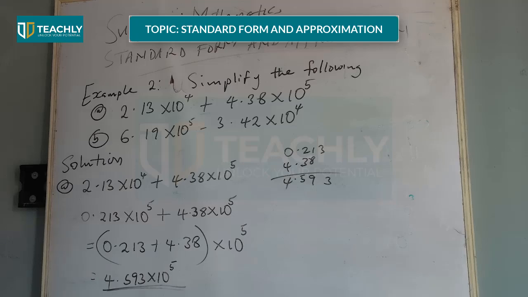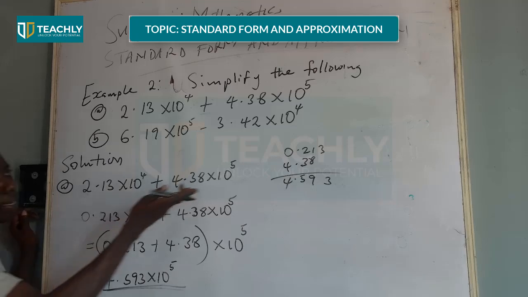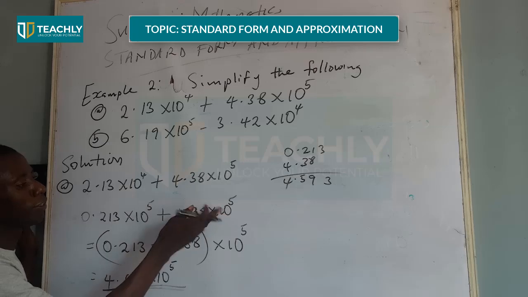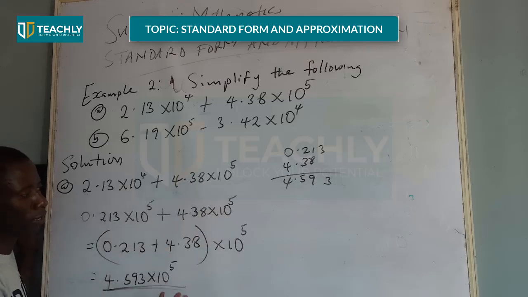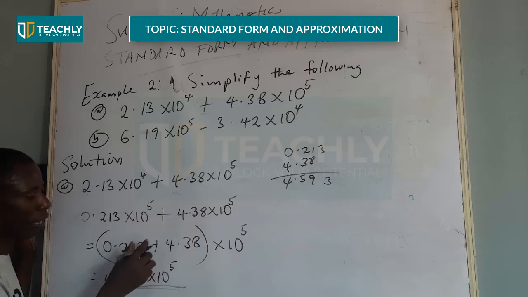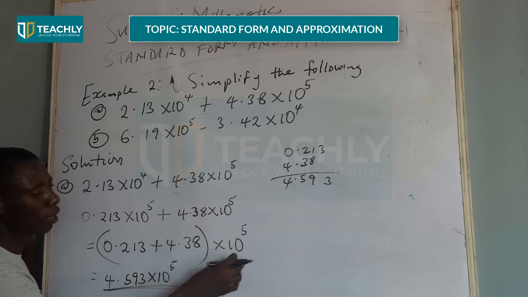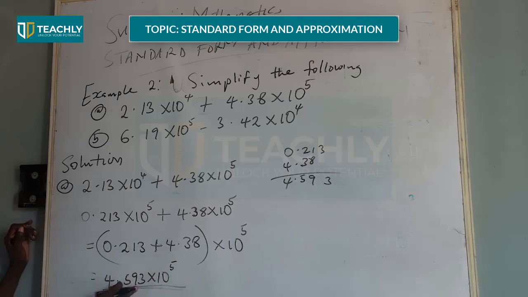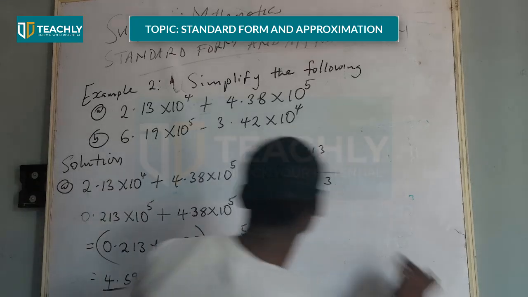Ensure that they are in the same power. When they are in the same power, just add their numbers together and put the power that's common to them outside. That's how to add numbers in standard form.